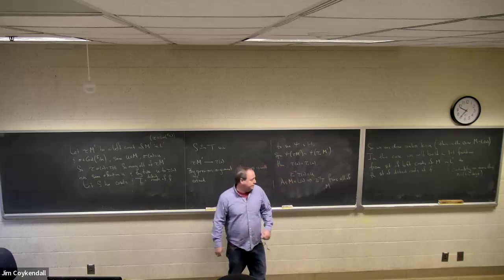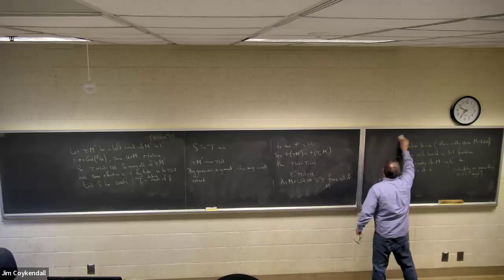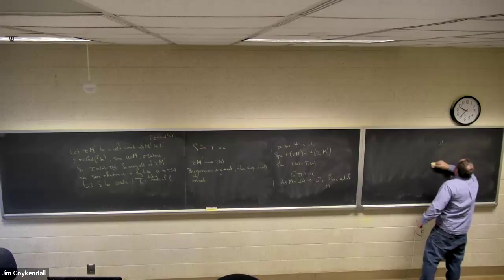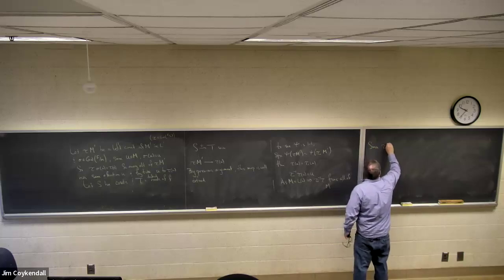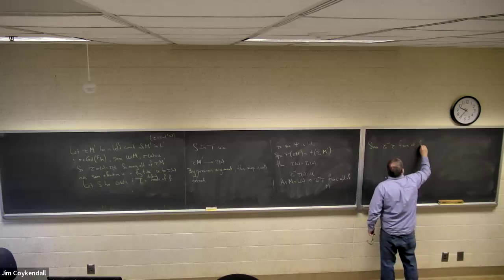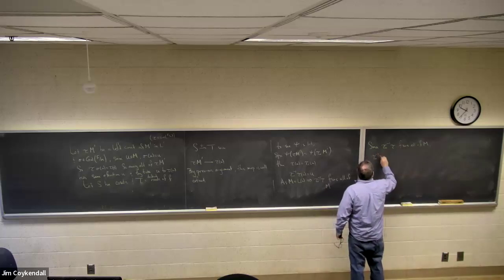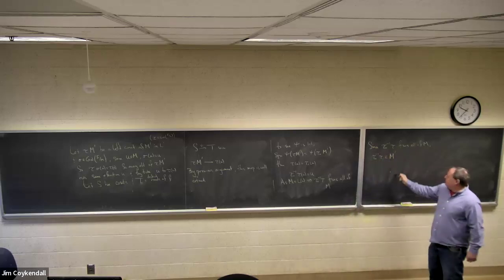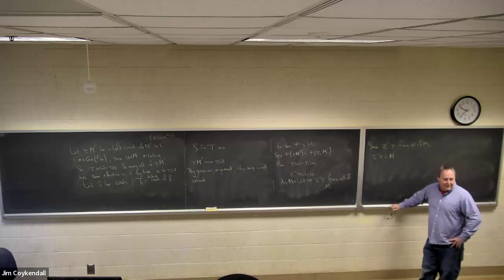So in particular, since tau zero inverse tau is in M prime, because remember, this is everything in the Galois group that fixes everything in M, right?